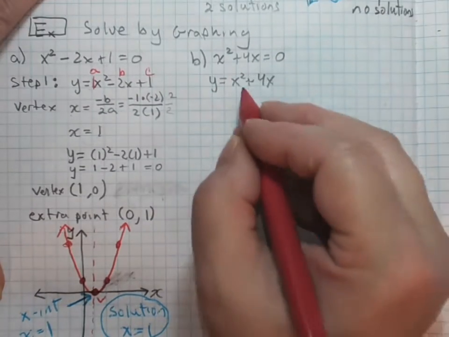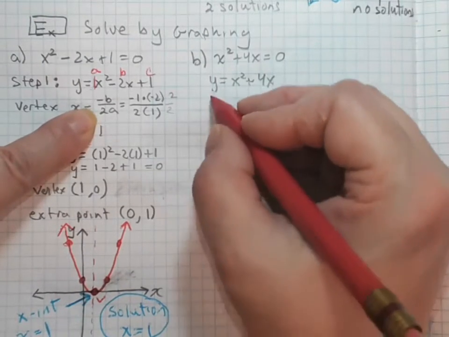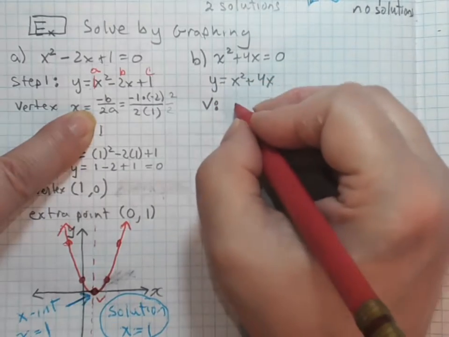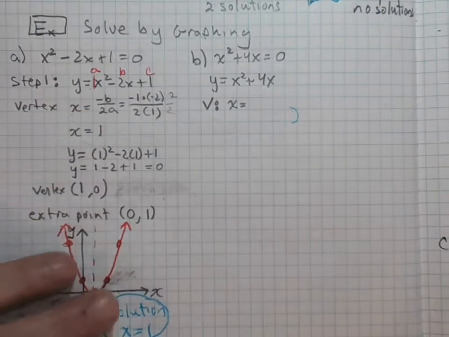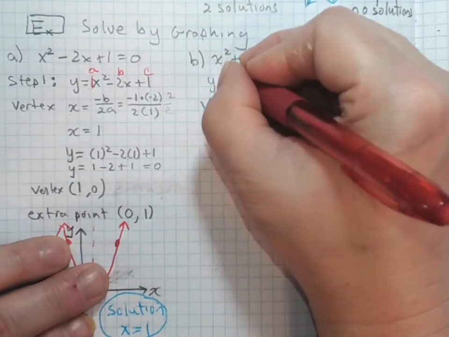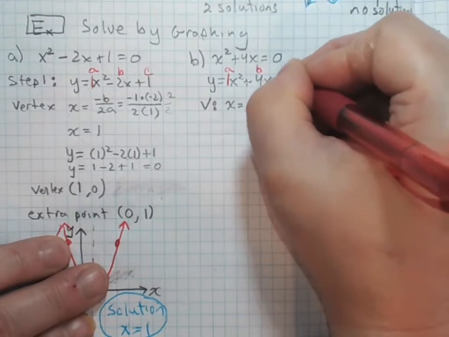All right, and then I identify my vertex. I'm going to use the vertex formula. So I'll just write V for vertex, save a little space. And so my x-coordinate is, all right, let's locate A, B, and C. So A is 1, B is 4, and C is 0, right?